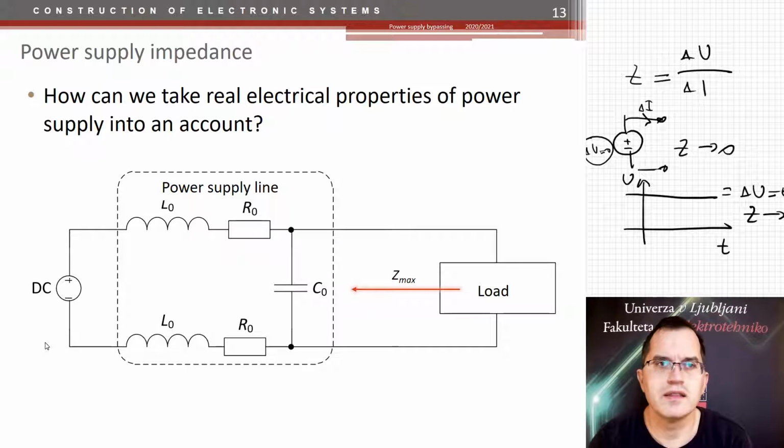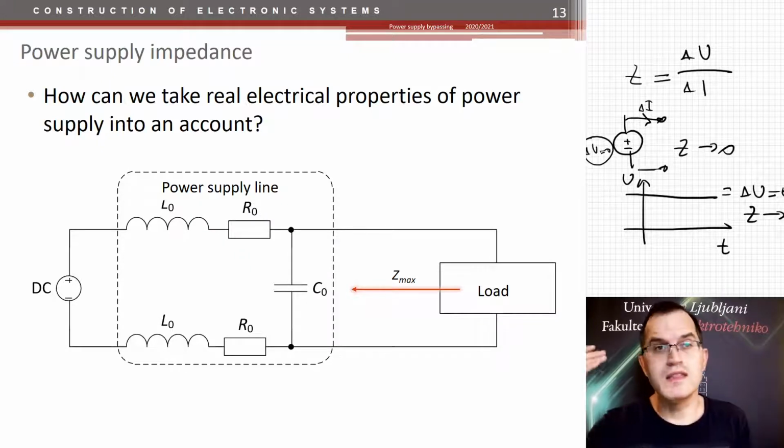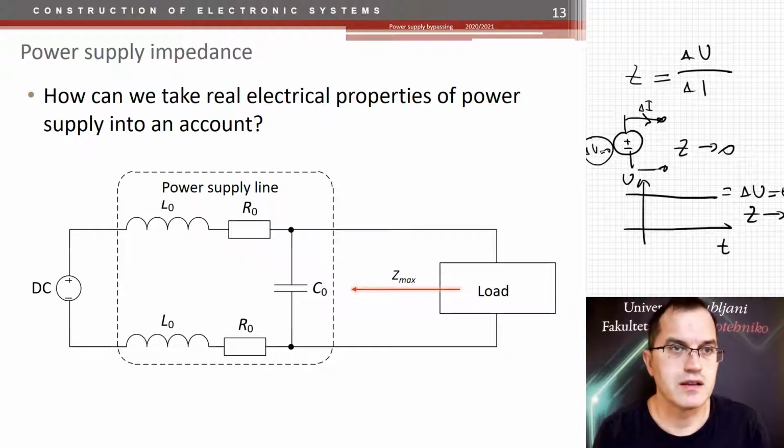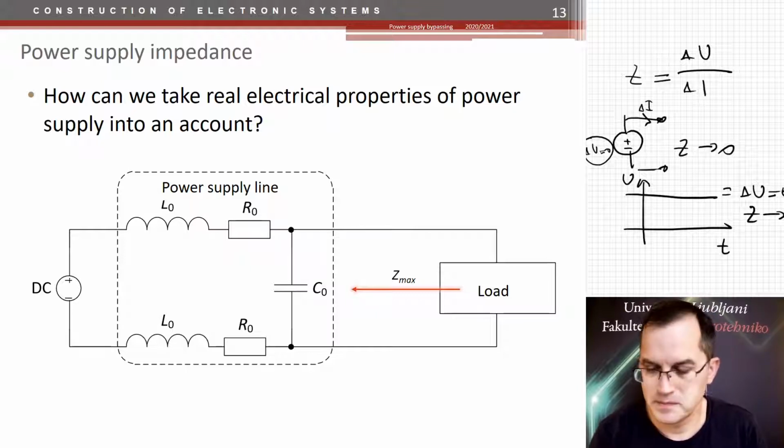How do we then define this impedance? What is enough impedance for our circuit that it provides a good enough voltage source for our load?